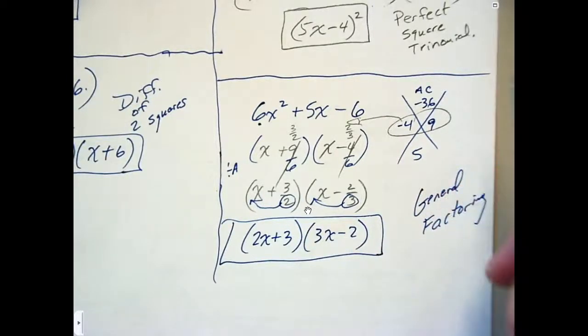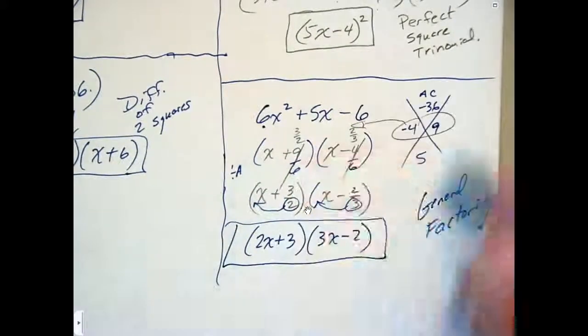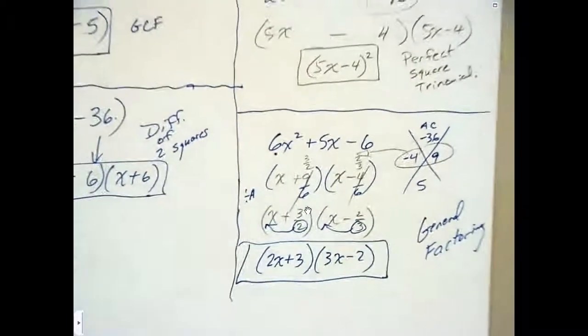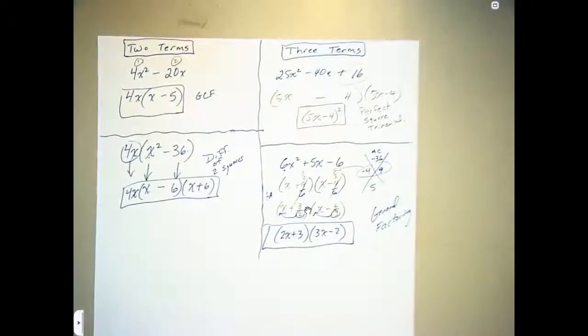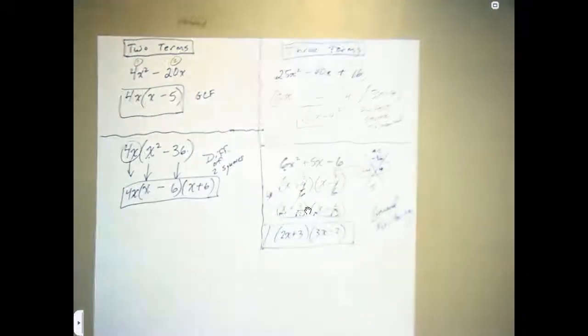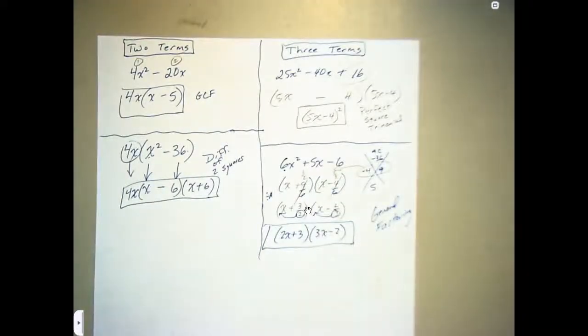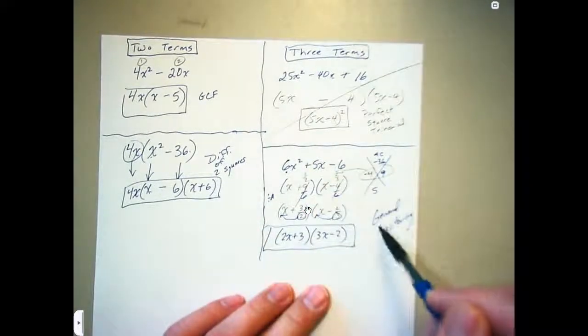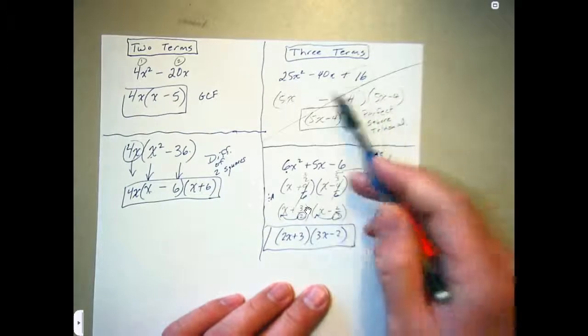Just so that you know, this method right here, you could use this method. Like if you're like, I don't really care to learn anything extra, I just want to know how to do all the problems with as few things as I have to memorize as possible. If that's the case, you really don't have to memorize that one. You could use this method, and you'd still come up with the same answer.